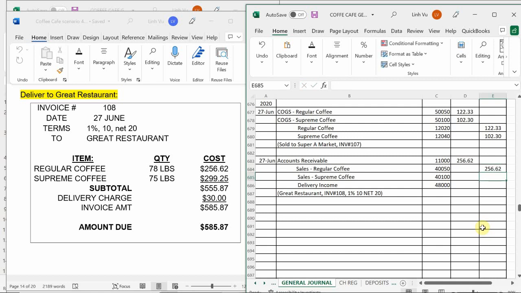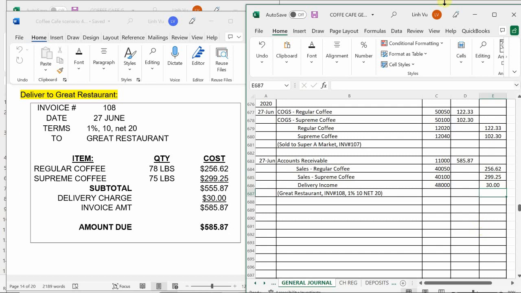We sold the Supreme coffee, 75 pounds, for $299.25. And last but not least, we charged a delivery fee to get us a grand total of $585.87. So yes, we match our scenario here. Our total debits do equal our total credits, so no typos there.